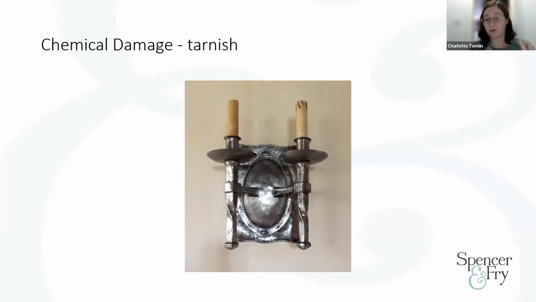The surface can become tarnished, polluted by a chemical deterioration, so silver can turn yellow and then black. And these reactions, again, are catalyzed by damp environments and high temperatures, although specific pollutants are also necessary for this to occur. So it's not just a reaction to damp environments.